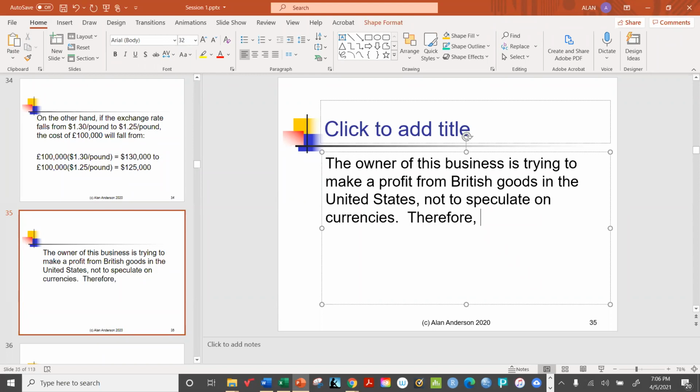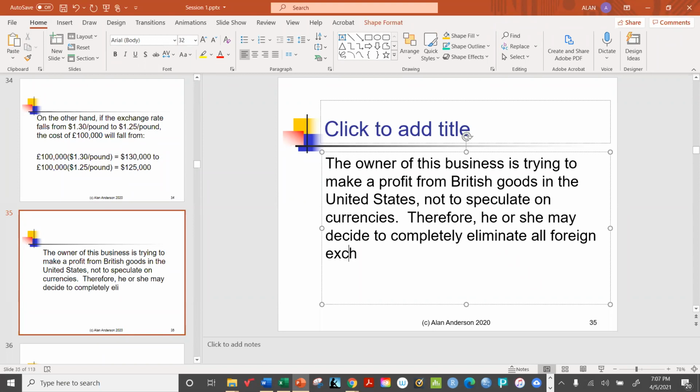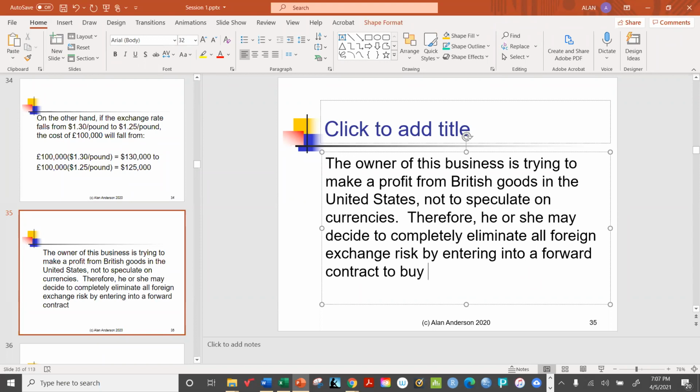Therefore, he or she may decide to completely eliminate all foreign exchange risk by entering into a forward contract to buy pounds at a predetermined price or at a fixed price.